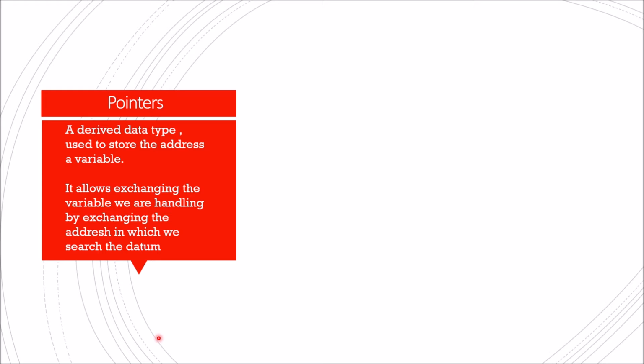Since we can access that variable's value indirectly, in the same way that we change the address, we will be able to change the variable that we are accessing. So a pointer can change the address as often as we need in our program, thus allowing us to switch between several variables and manipulate the different values that all of them have.